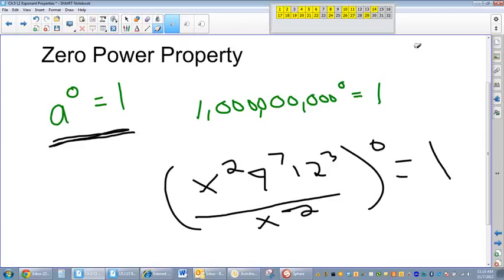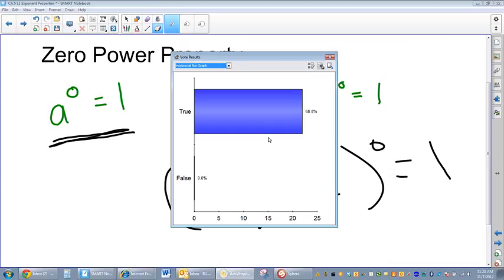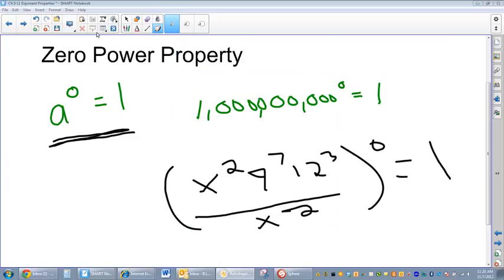I think you're 9. All right. Anything to the 0 power equals 1, true or false? Good job, everybody. Good. Anything to the 0 power equals 1.